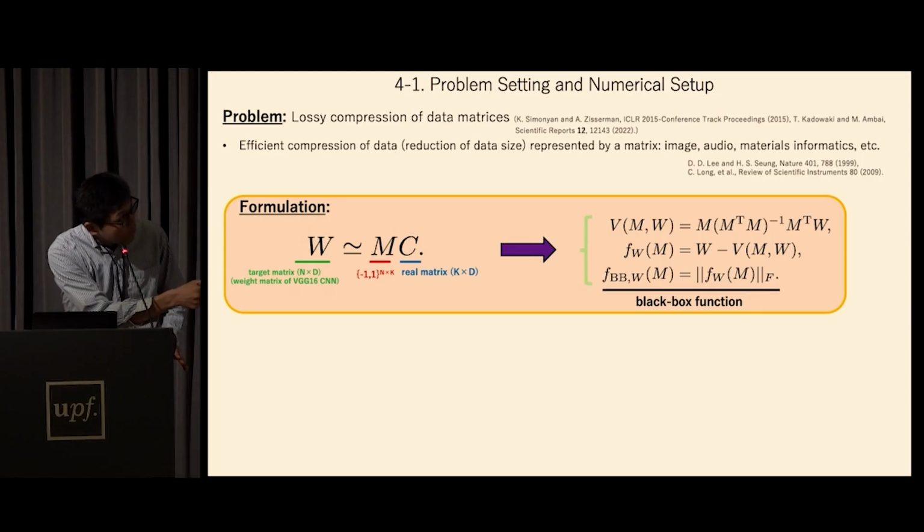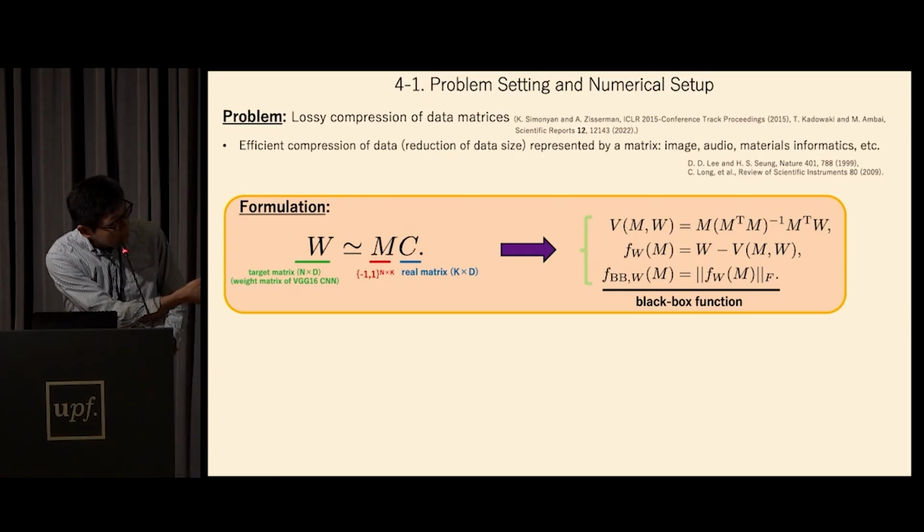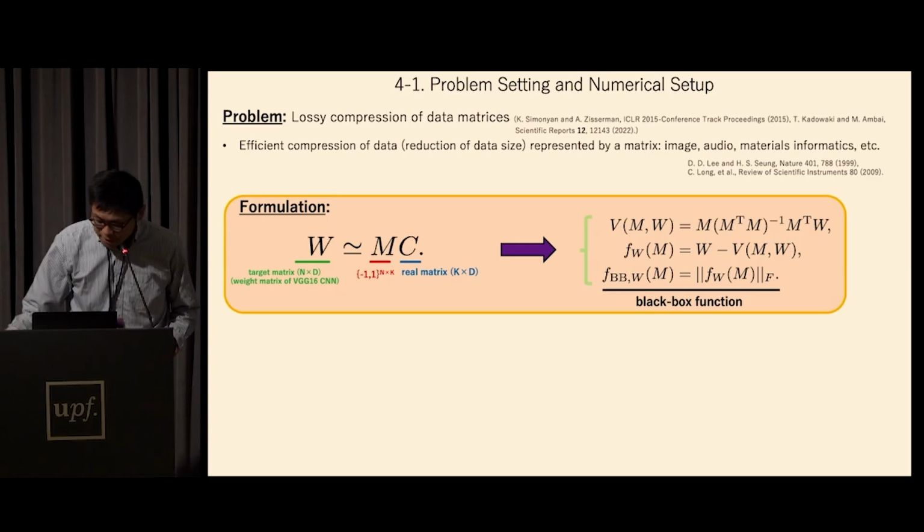And by using this pseudo-inverse of M, we are going to eliminate this C and rewrite the right-hand side into this matrix large B defined in this way, and calculate the Frobenius norm between this target matrix large W and large V.